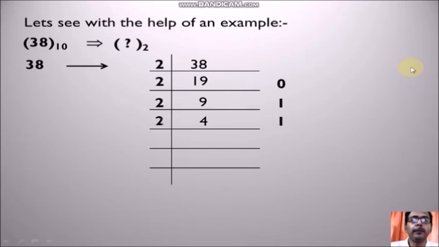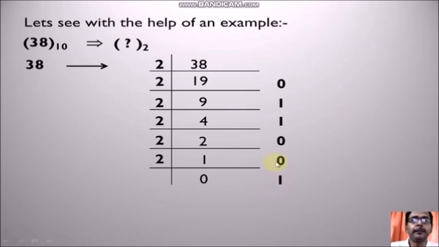Again 4 divided by 2, we get 2, remainder is 0. When 2 is divided by 2, we get 1, remainder is 0. We try to divide 1 by 2, it doesn't go, so the quotient is 0 and the remainder is 1.